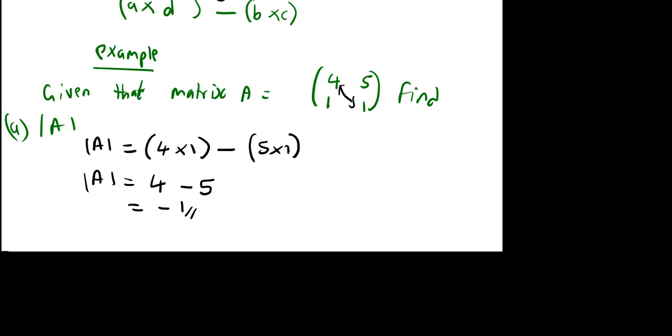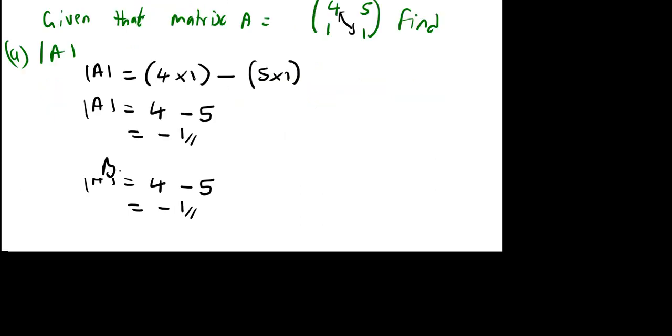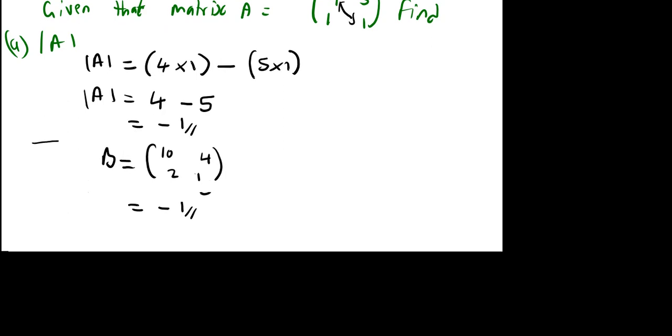There are also instances where they can give you, say, matrix B is equal to 10, 4, 2, 1. Then you're also asked to find the determinant of this. For us to find the determinant of this, we're just going to use the same thing.